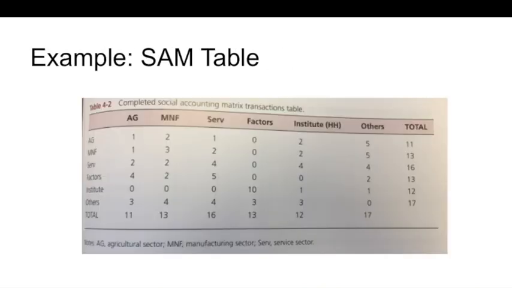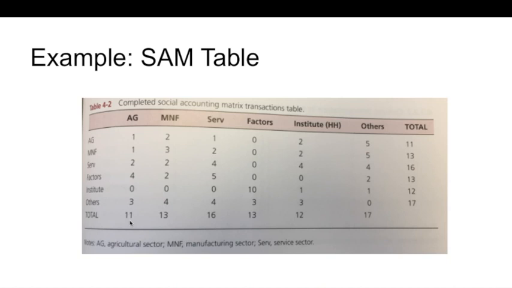So how to use the SAM table is similar to the IO model, except that we are looking at a bigger n by m matrix. For a complete SAM model, the column sum for a particular category should be the same as the sum for the row elements of the corresponding category. So for example, if you look at the agricultural column here, if you add up all the elements within this column, you get a total of 11.